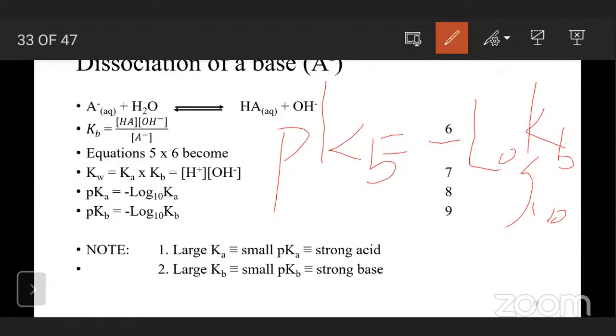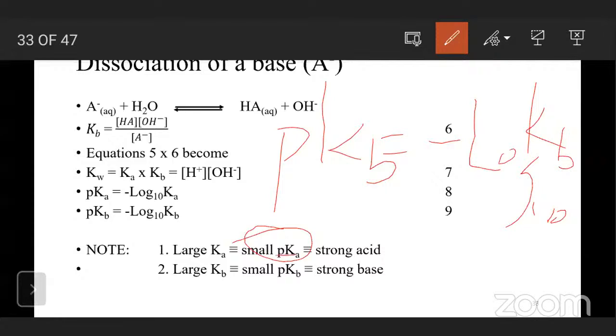Ka values and Kb values for acids and bases respectively can be small values. And in order to get them in form of numbers, natural numbers that you can easily make reference to, we express them in form of pKa.